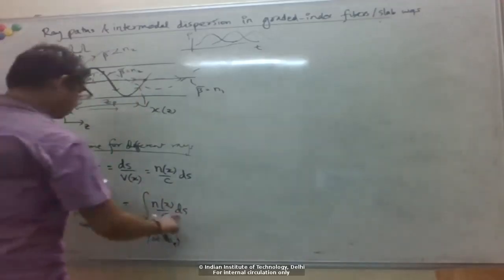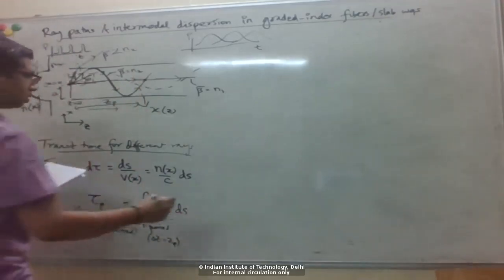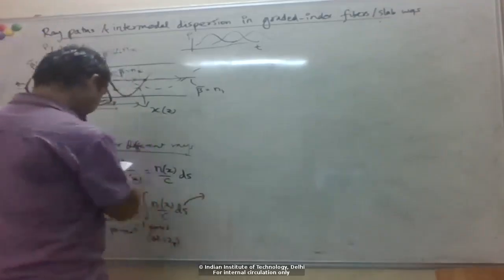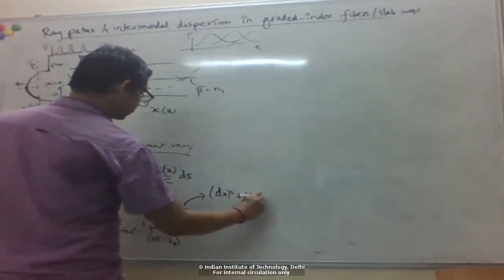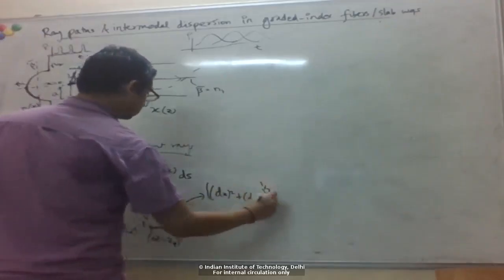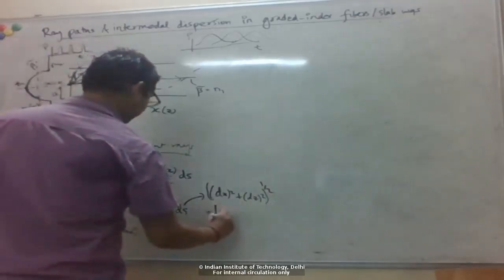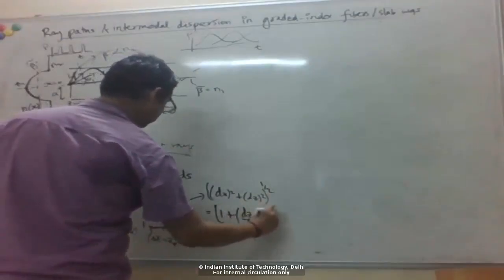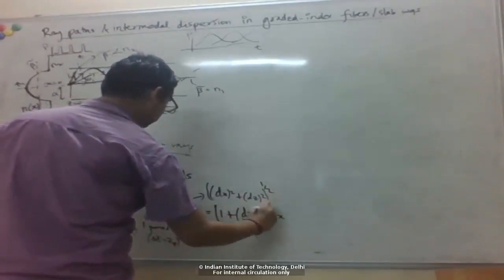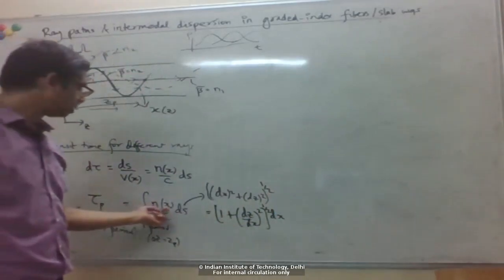Again we can write this ds in terms of x and z. This ds is the square root of dx squared plus dz squared. I take dx outside, because n is a function of x.